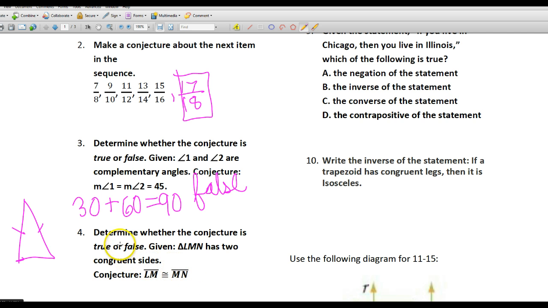So we could have something like this. And if we look at LM and MN, those are not the same length. In this case, MN is congruent to LN. So just because it has two congruent sides, LM and MN do not have to be those two congruent sides. So this is a false statement.